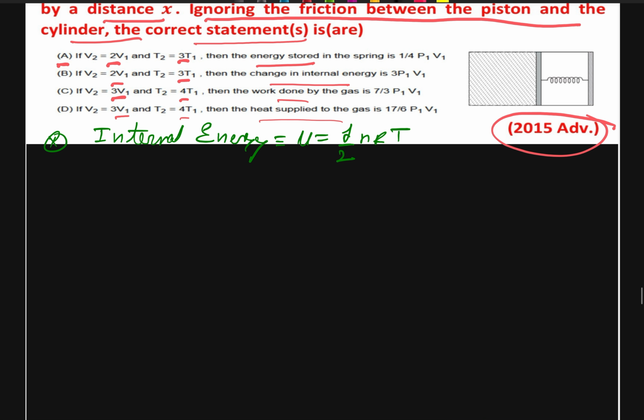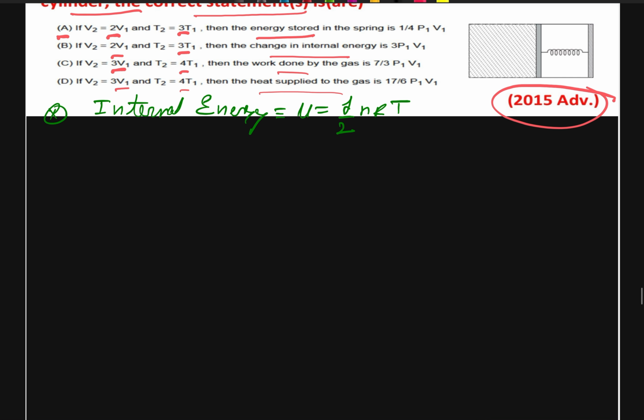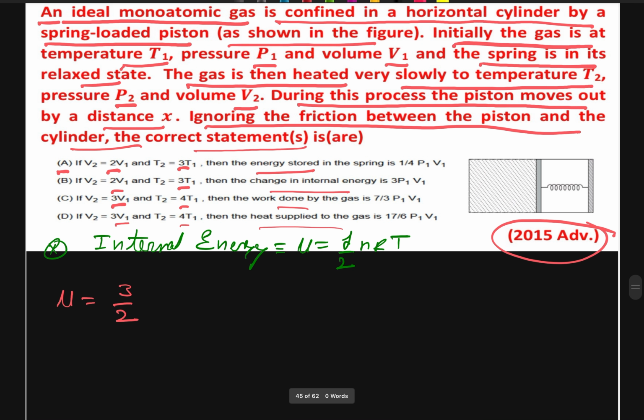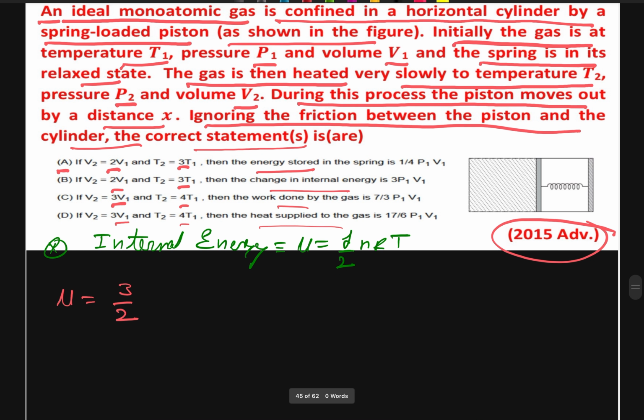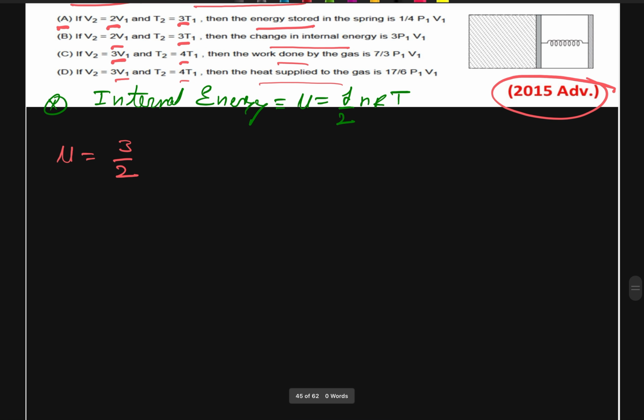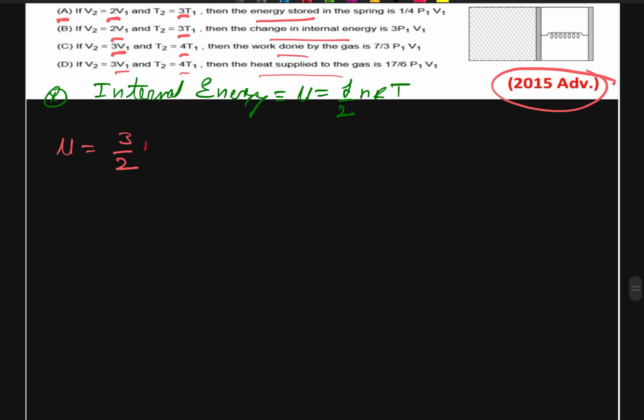Degree of freedom is our 3, therefore we can write that our internal energy will be equal to 3 by 2, and number of moles are not given, so we can say this as our nRT.